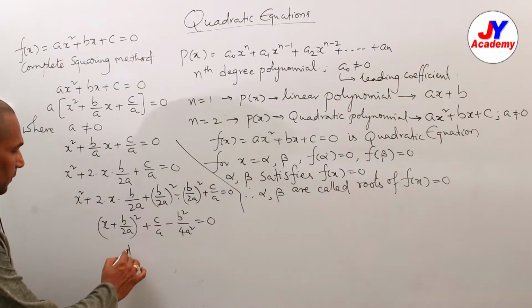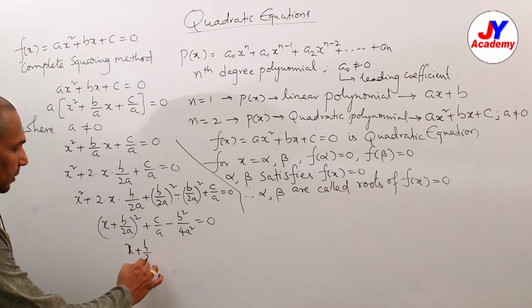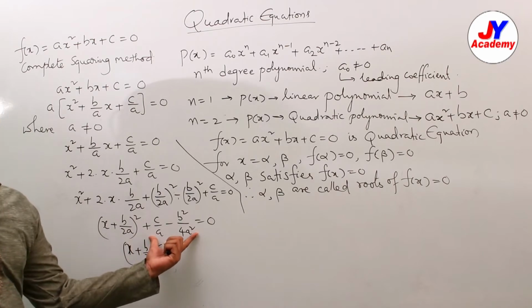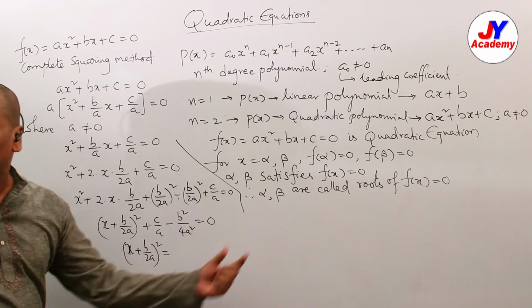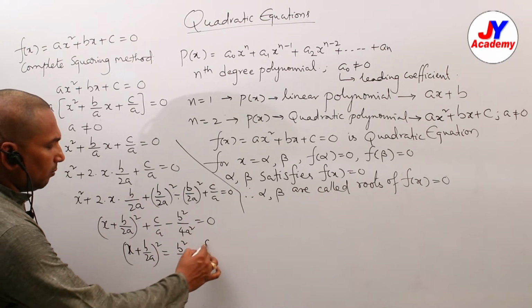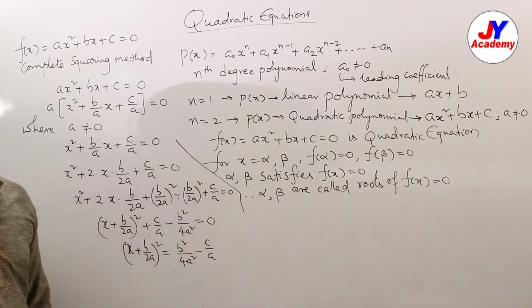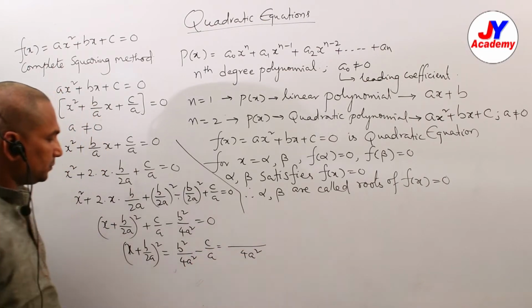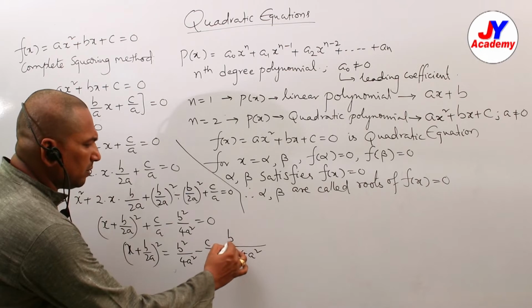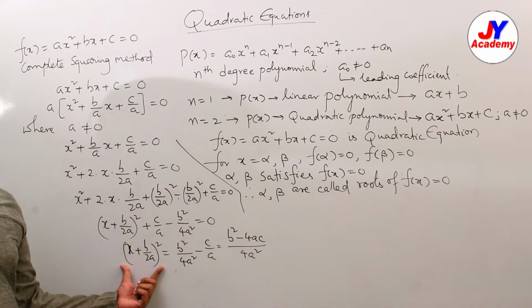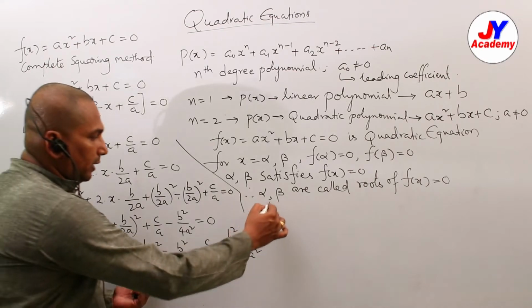Now x plus b by 2a whole square is equal to these two values transposed to RHS. That becomes b square by 4a square minus c by a. Here LCM is 4a square. So b square minus 4ac by 4a square is equal to x plus b by 2a whole square.